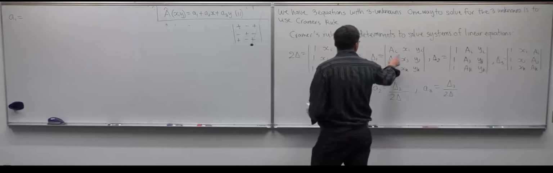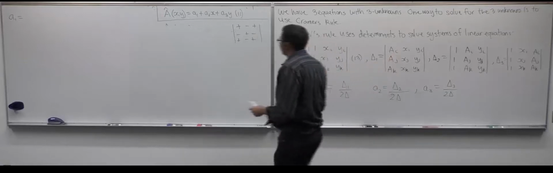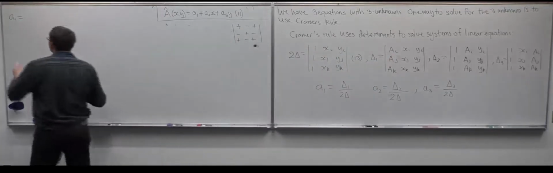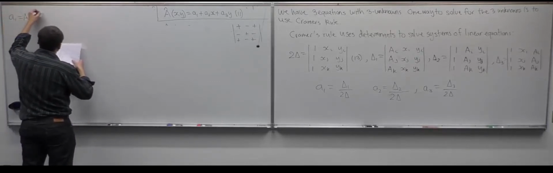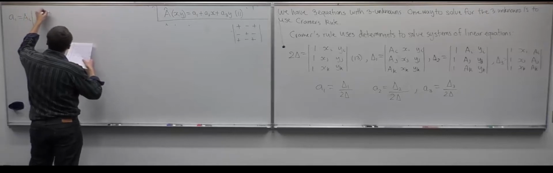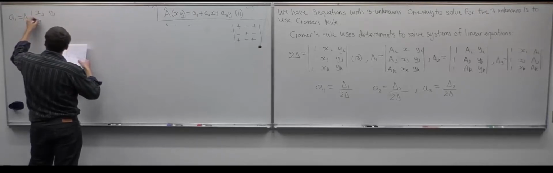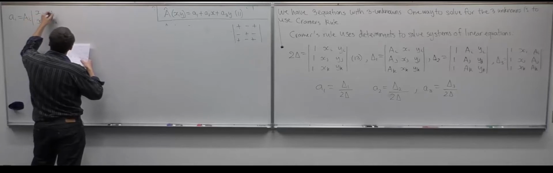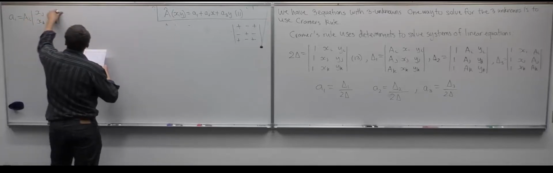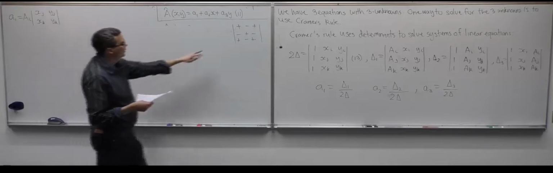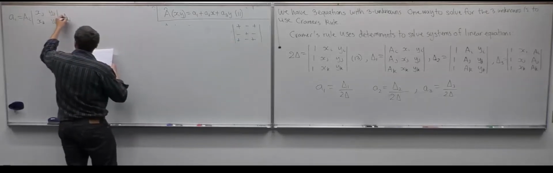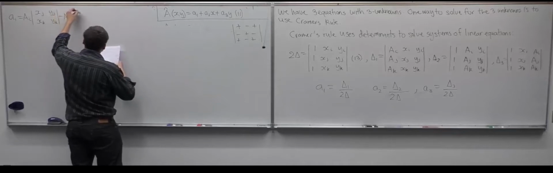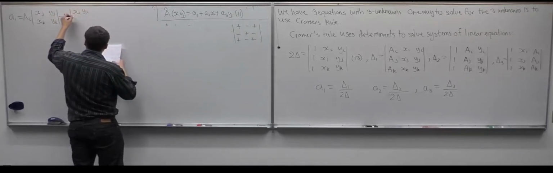So let's evaluate this. The first term is with a_i, so we can write out a_i, and then we have to evaluate the determinant x_j, y_j, x_k, y_k. The second term is a minus, so it's going to be minus a_j times the determinant x_i, y_i, x_k, y_k.